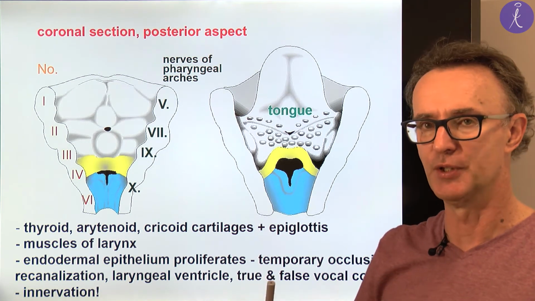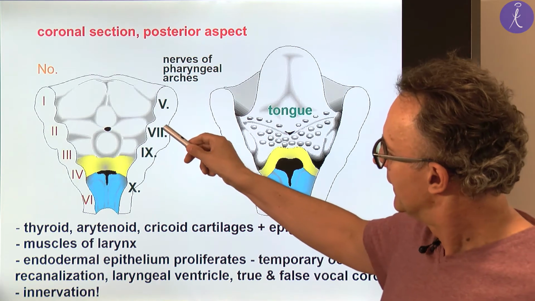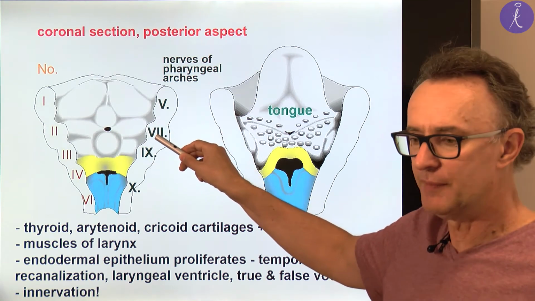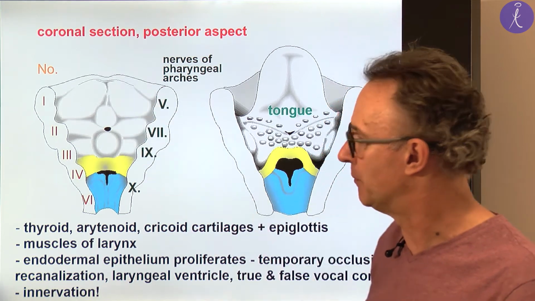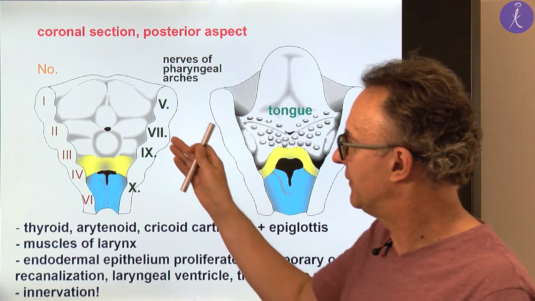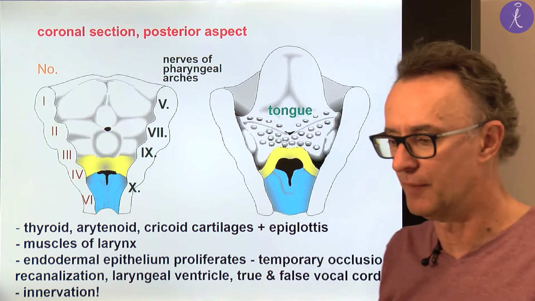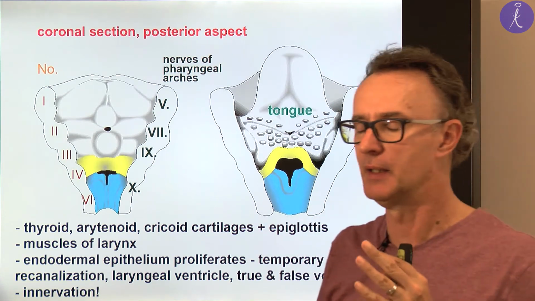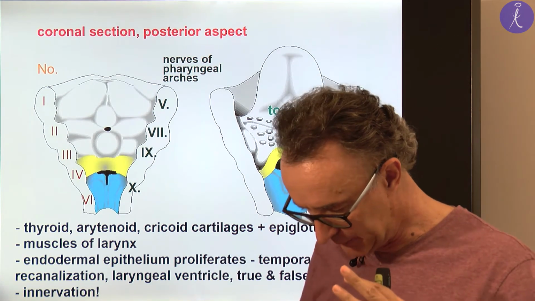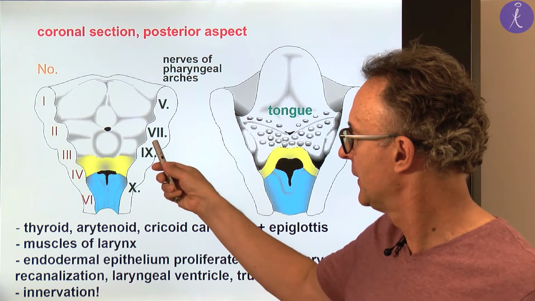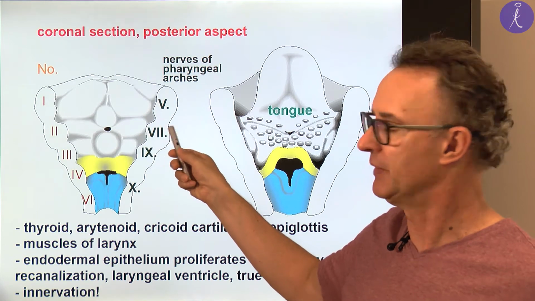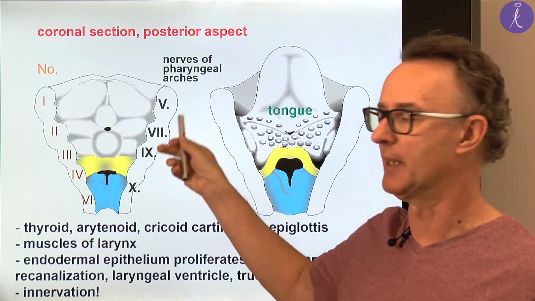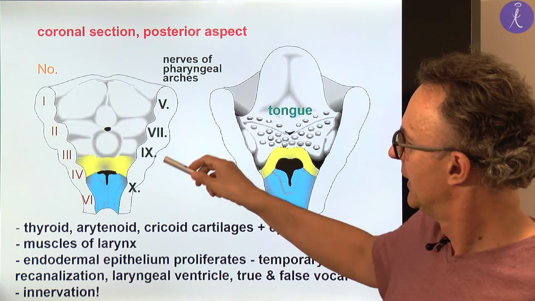This is the somatosensory innervation. The facial nerve, the nerve of the second pharyngeal arch, doesn't play a role in the formation of the body, but somehow the facial nerve is also involved in the innervation of the body of the tongue for taste sensation, and it will be carried by the lingual nerve at the end. But the branch which plays a role in this is the chorda tympani. I mentioned this in the previous lecture.